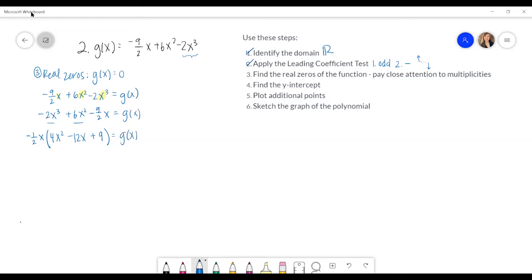And it wouldn't make sense for us to multiply this g of x times 2. So it's one of those differences between an equation versus a function, right? With a function, we typically only deal with the one side at a time. Everything seems to be very self-contained. So I just want to kind of keep that in mind.